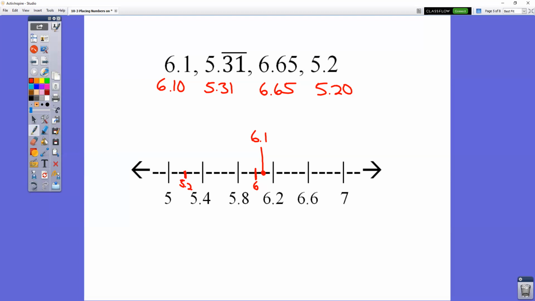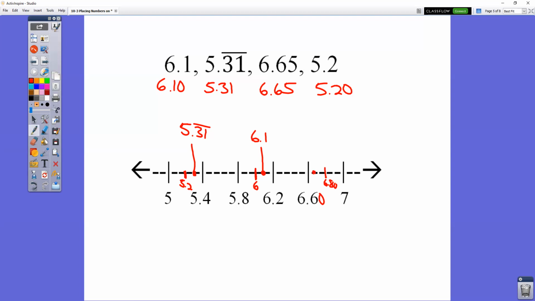So right at that gap would be 5.3. $5.31 would be just to the right of that. 6.65 would be in between $6.60 and $7. 6.8 or $6.80 is exactly halfway in between there. 6.7 would be right here.